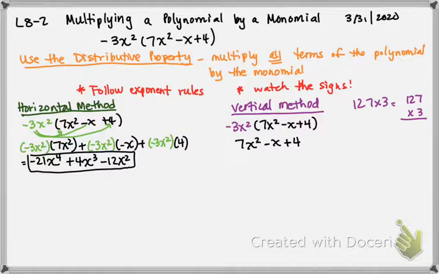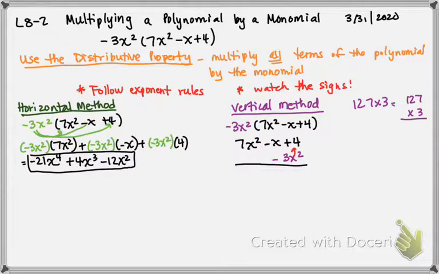And then I'm going to multiply by the negative 3x squared. So basically I'm going to do this one step at a time, right? Here, let me put my line here. And then we're going to go ahead and multiply just like what we would do with whole numbers.